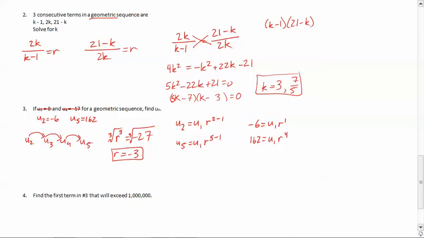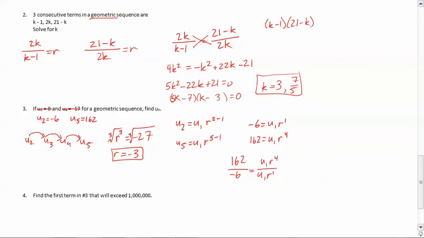Now at that point you have u1, and so you can solve for one of those u1s and you can substitute, or you can plug it into an equation, right? Or you could just say, well, since this is equal to negative 6 and u1r to the first, you could set up an equation that looks like this. 162 divided by negative 6 equals u1r to the fourth over u1r to the first, right?